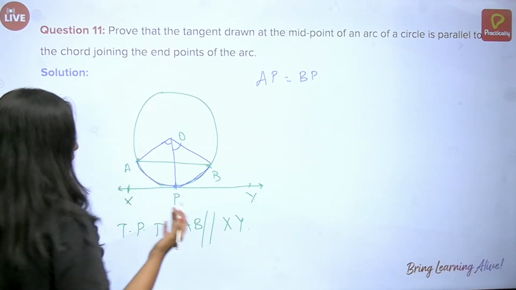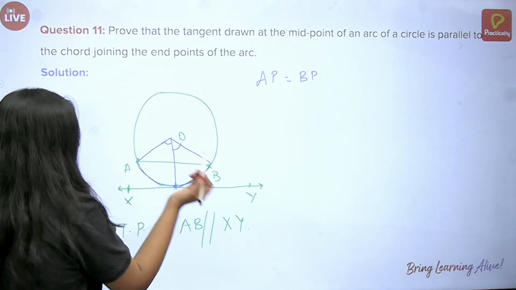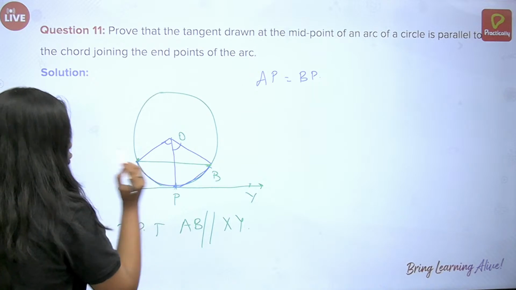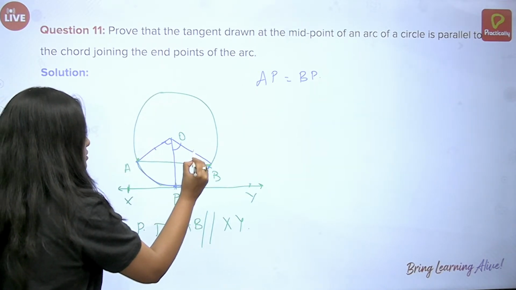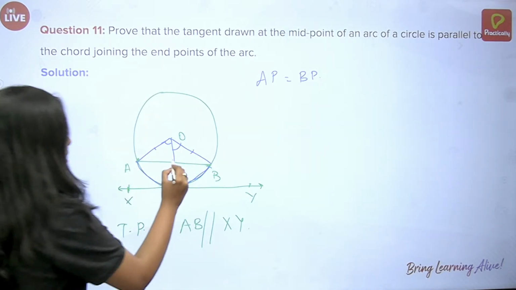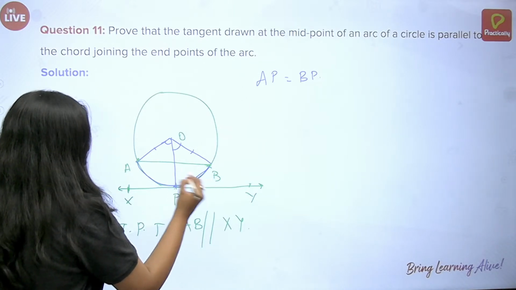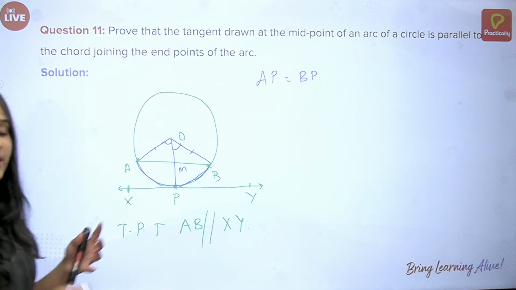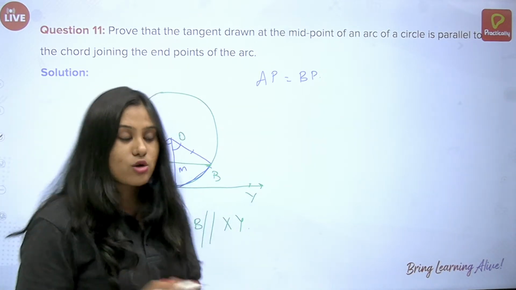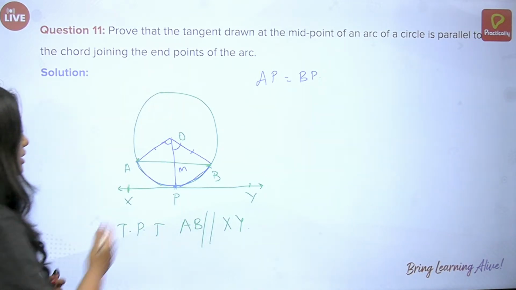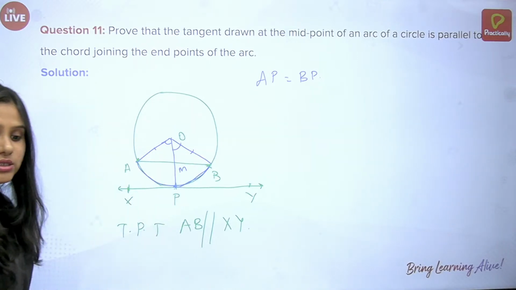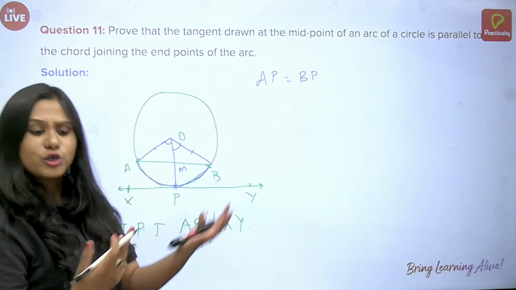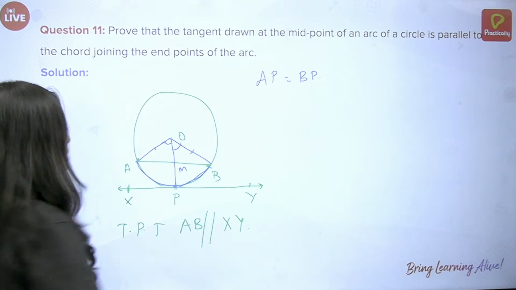Alright. Then what else do we know? We know that OA and OB are the radius, right? Let us name this point as M and OM is common. Can we apply the congruency concept and check whether these two triangles are congruent? Come on, do it and tell me if they are congruent, okay?